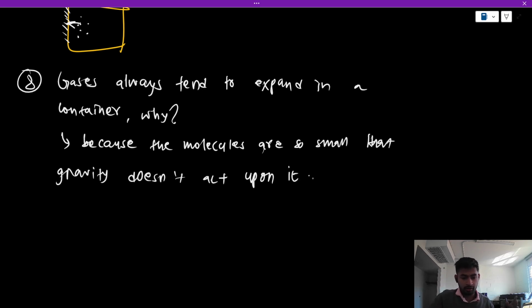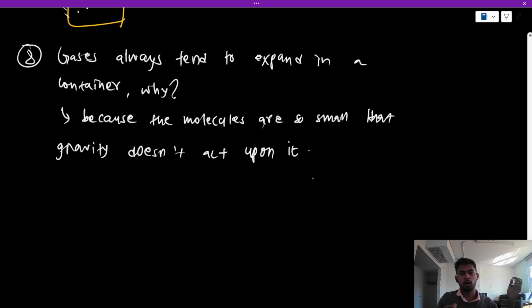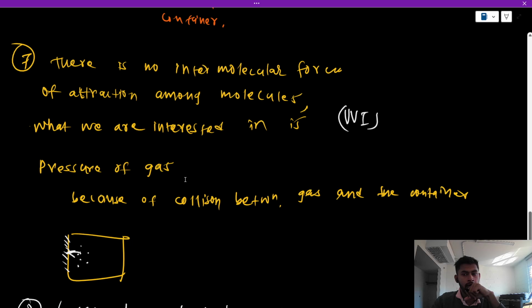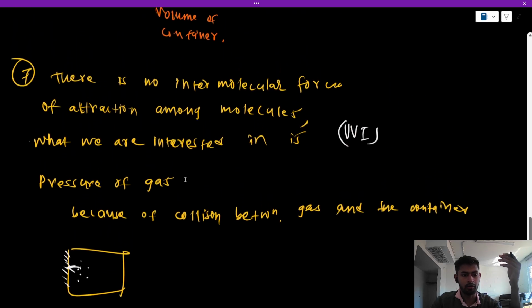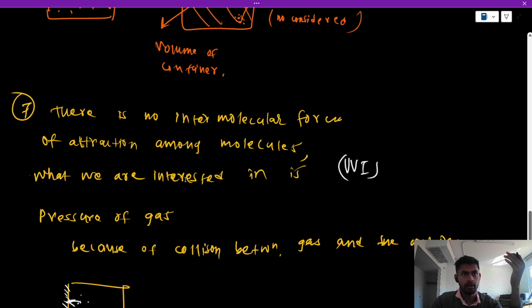So there are lots of postulates that we can talk about, but these are more or less the main postulates that need to be considered. What this implies is that our gases are independent of intermolecular forces between the other molecules, because there are no intermolecular forces of attraction.